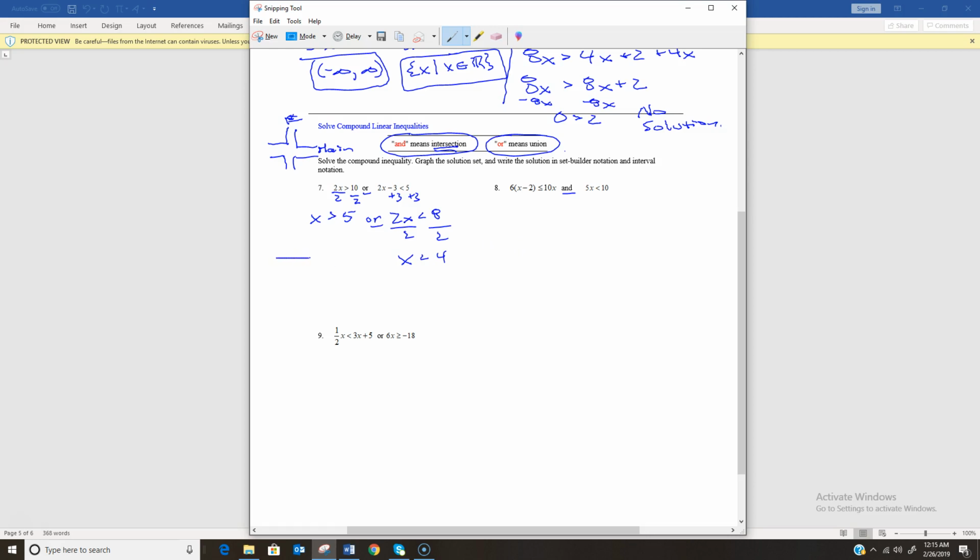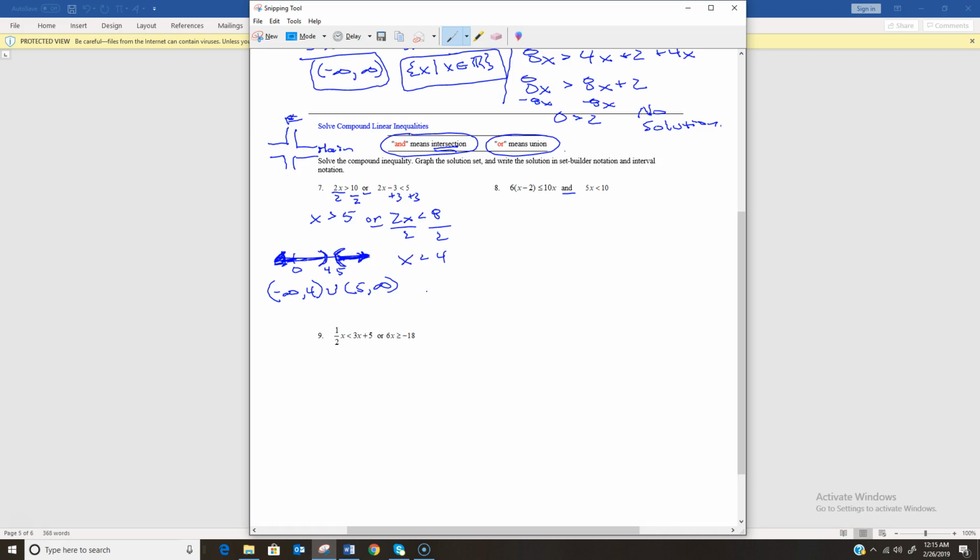That doesn't leave very much out. So here's 0, here's 4, here's 5. Greater than 5 would start here and go upward, and less than 4 would start here and go downward. As long as we're in one or the other space, we're going to count it. So our interval notation would go from negative infinity up to 4, not included, union 5 up to infinity.